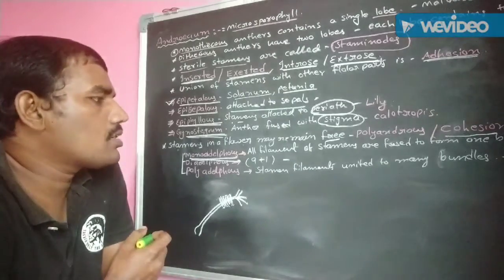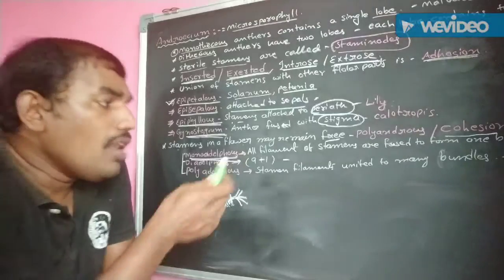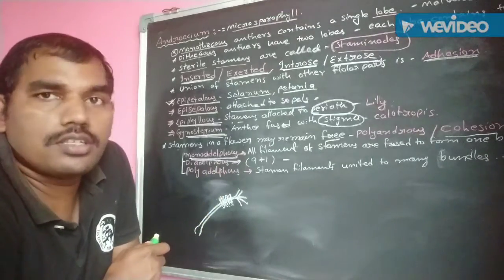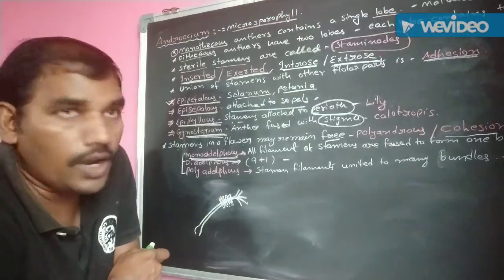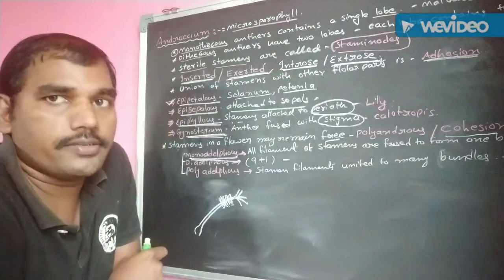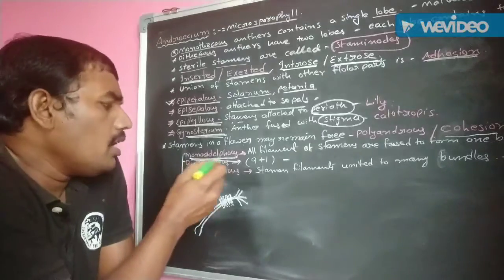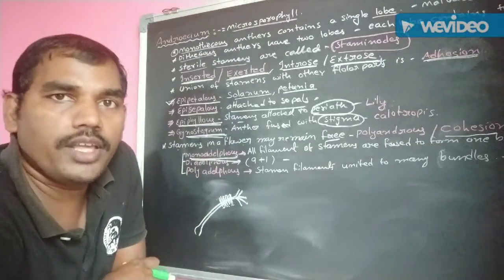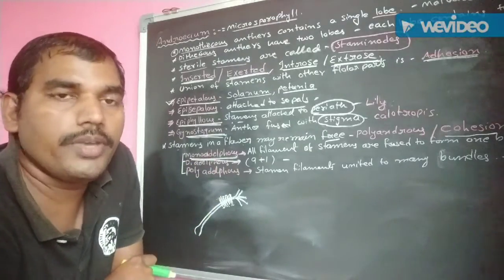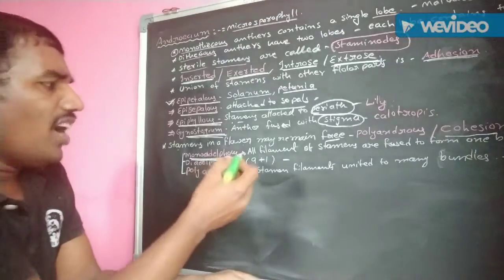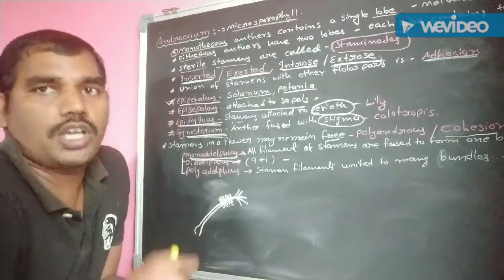Didelphous stamens. Okay, all filaments of the stamens are fused to form two bundles. This type of didelphous stamens is especially found in Fabaceae members. A Fabaceae member shows 10 stamens.